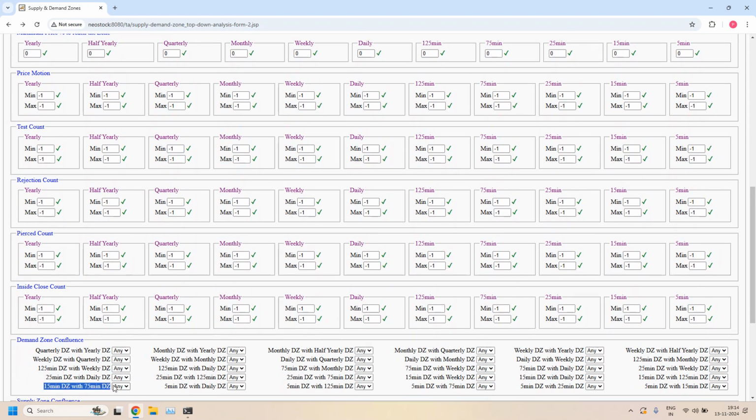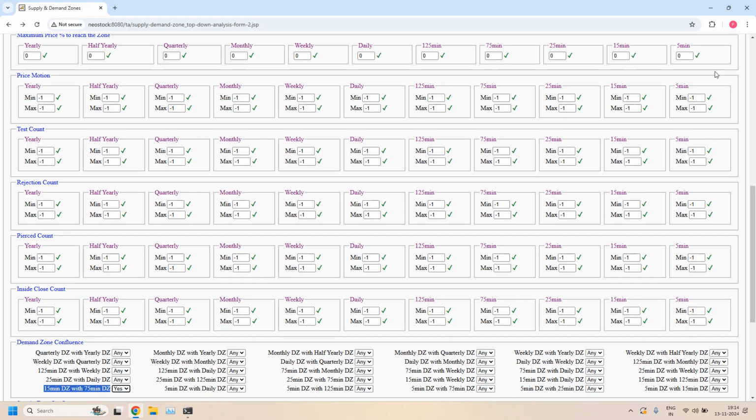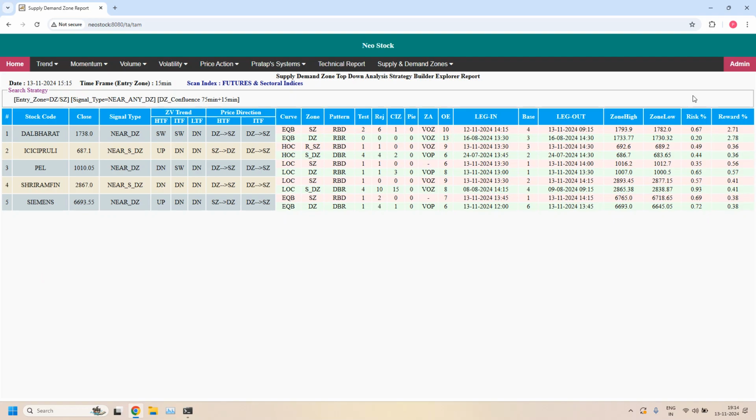I am enabling this filter, 15 minutes with 75 minutes demand zone confluence. So with this demand zone confluence, from 12 we got 5 stocks. These 5 demand zones are having 75 minutes confluence. That means the 15 minutes demand zone is part of the 75 minutes demand zone.